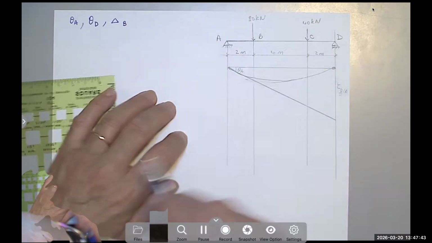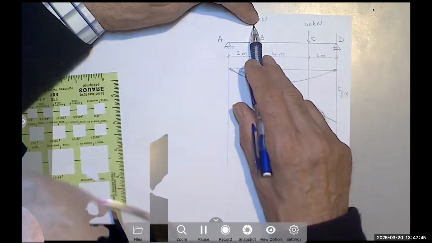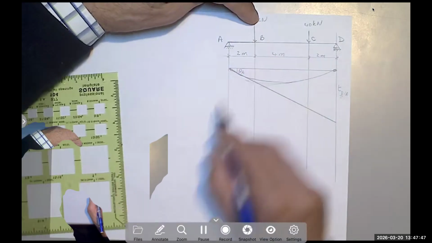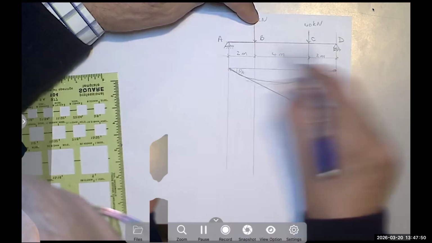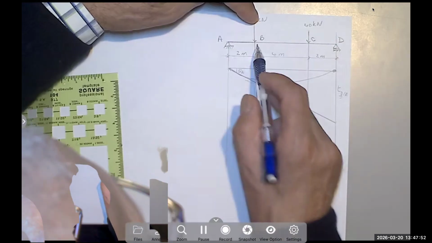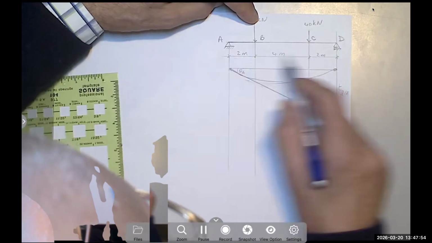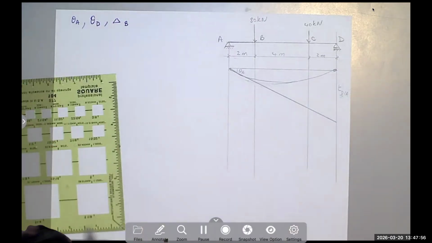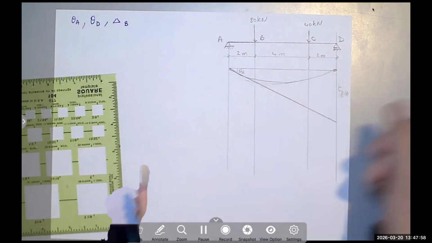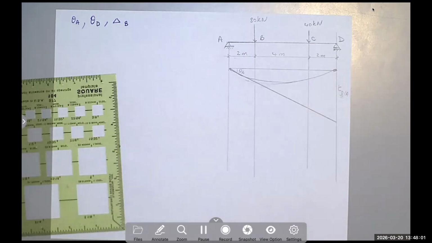The other 40, do you see that it's located at a point that divides the beam into 2 and 6, meaning 1 to 3? Then the reaction will be the exact reciprocal of that.